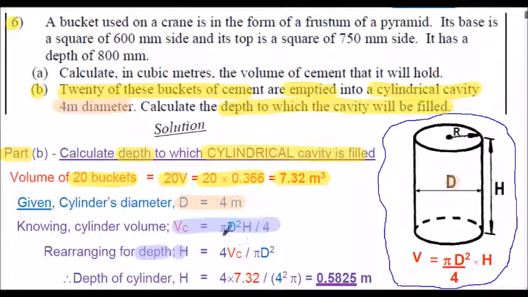And rearranging this equation, that becomes 4 multiplied by the volume of the concrete divided by pi multiplied by d squared. So inserting the volume of 20 buckets calculated above, inserting the diameter, which is 4 meters in this case, we can calculate the depth or the height to which the cavity is filled, and that's 0.5825 meters. That's height h here.